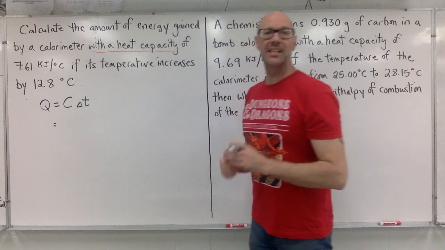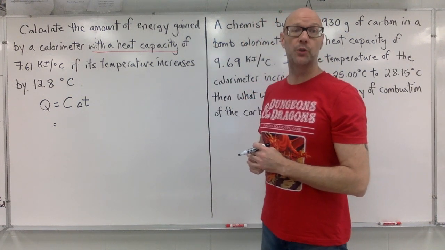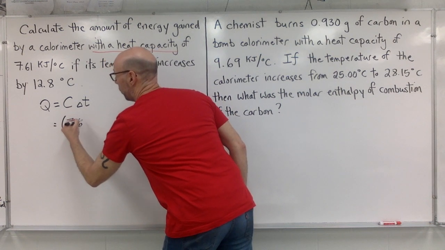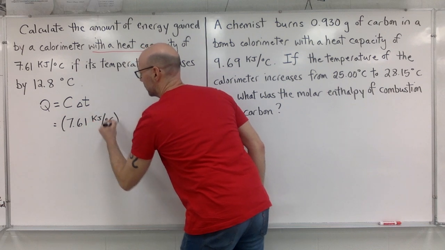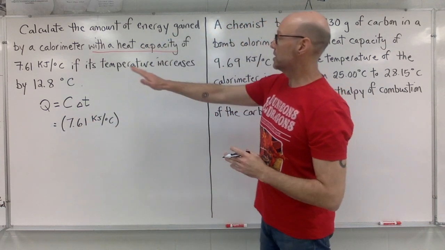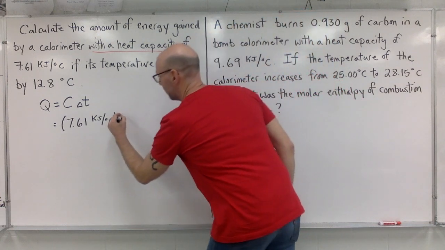This capital C is the heat capacity of the calorimeter, pretty explicitly told to us by the question. 7.61 kilojoules per degree Celsius. And then the delta T, the temperature change. The temperature increases by 12.8 degrees Celsius.